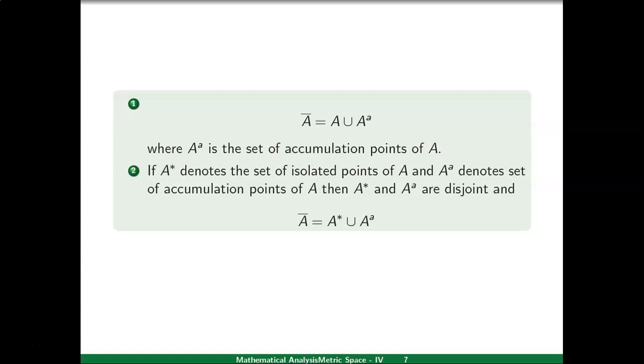An isolated point is a point of A for which there exists an open sphere about the point which contains no member of A other than alpha. But an accumulation point is a point about which every open sphere contains a point of A different from the point itself. Therefore, A bar is the disjoint union of A star and A dash, that is, the disjoint union of isolated points and the accumulation points of set A.